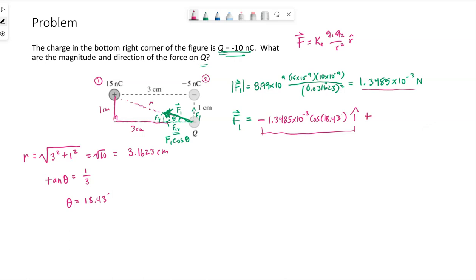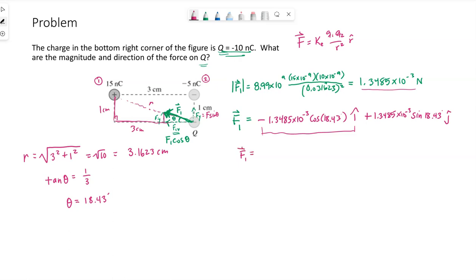The y component, this side is opposite, so Fy is F sine theta. So we take the magnitude F and we multiply by the sine of this angle we calculated, and that is the y component.